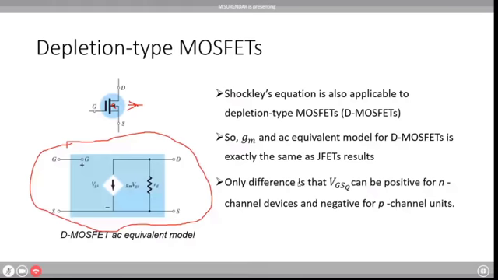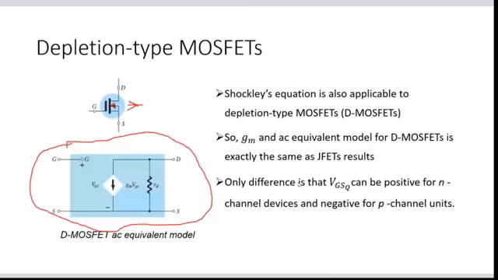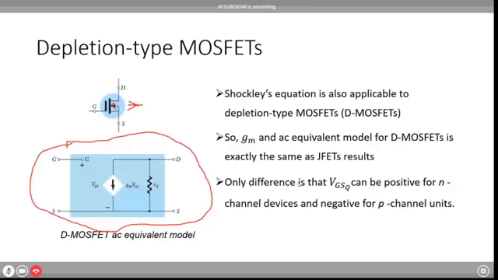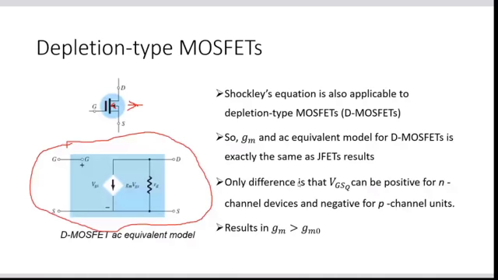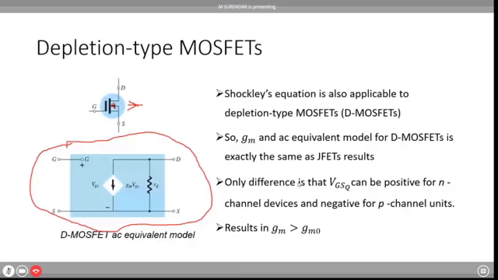So this means the value of gm can go beyond gm0, where gm0 is the transconductance when VGS is equal to 0. So gm will be greater than gm0, whereas previously in JFET we have gm always lesser than this gm0. This is the depletion type MOSFET we have.